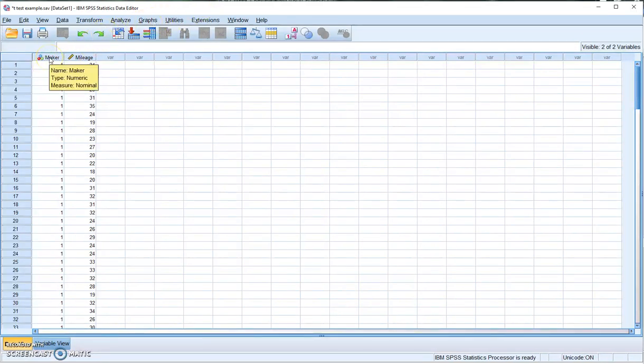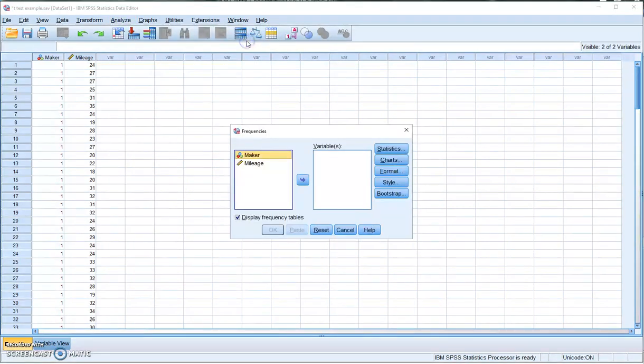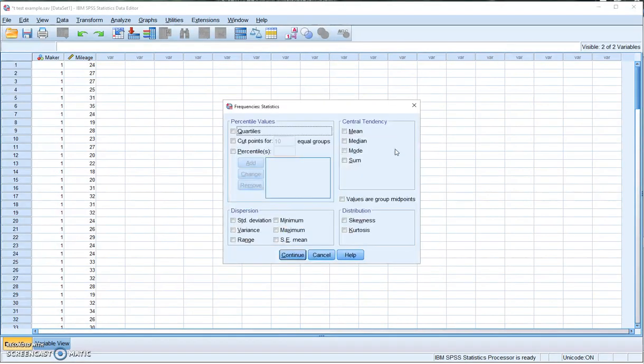So for qualitative variables such as the car makers, we can get the descriptive information here. You go to Analyze, Descriptive Statistics, Frequencies, and you bring the variable to the right. Make sure you display frequency tables. Also, you can ask for information such as what's the minimum value, what's the maximum value.